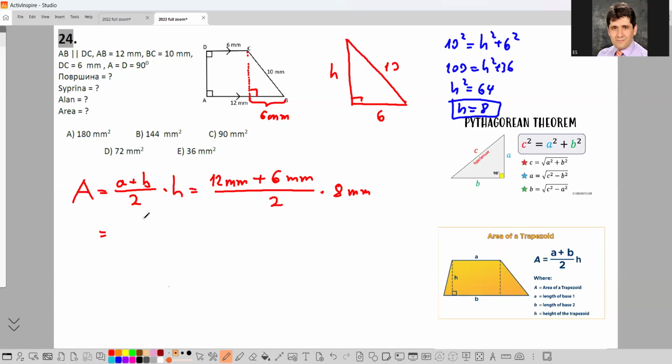That means 12 and 6, 18 millimeters over 2 times 8 millimeters. This simplifies to 9. So we finally get 9 times 8, 72 millimeters squared.